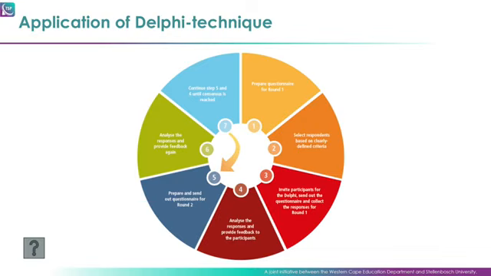As I have already mentioned, they might change their mindset, they might change their viewpoints on something based on the feedback report, and now they will have another opportunity to fill in a second questionnaire. The second questionnaire's responses will then again be compiled into a feedback report, and the feedback report will then be sent to the panel again, and there will be a consensus or agreement then reached based on the final responses of the panel of experts.